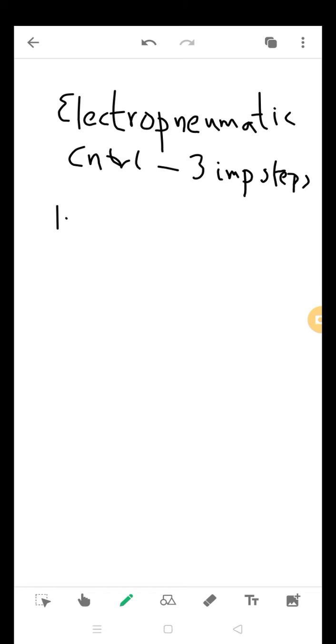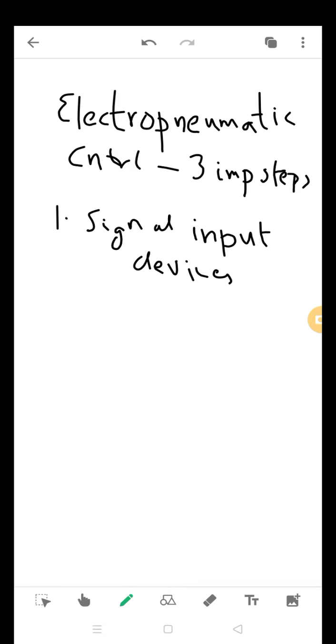The first one is your signal input device, such as switches, then you have contactors, then contact and proximity sensors.